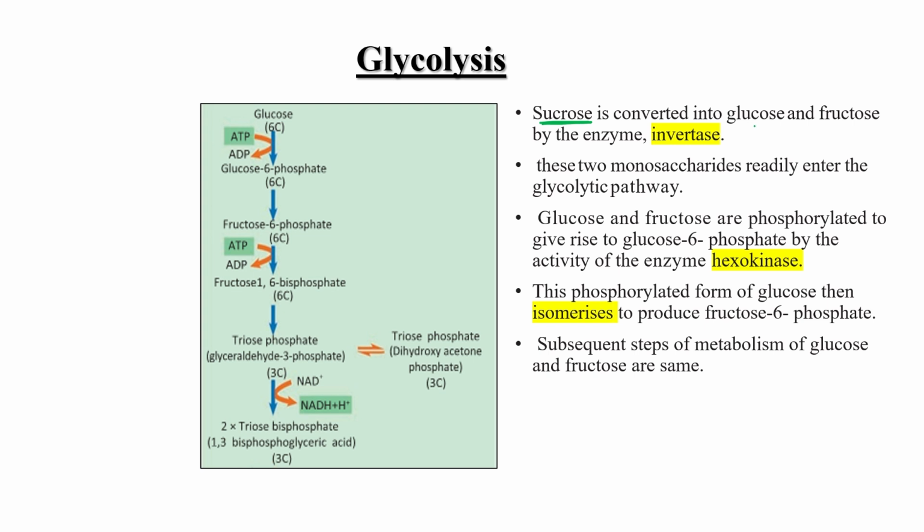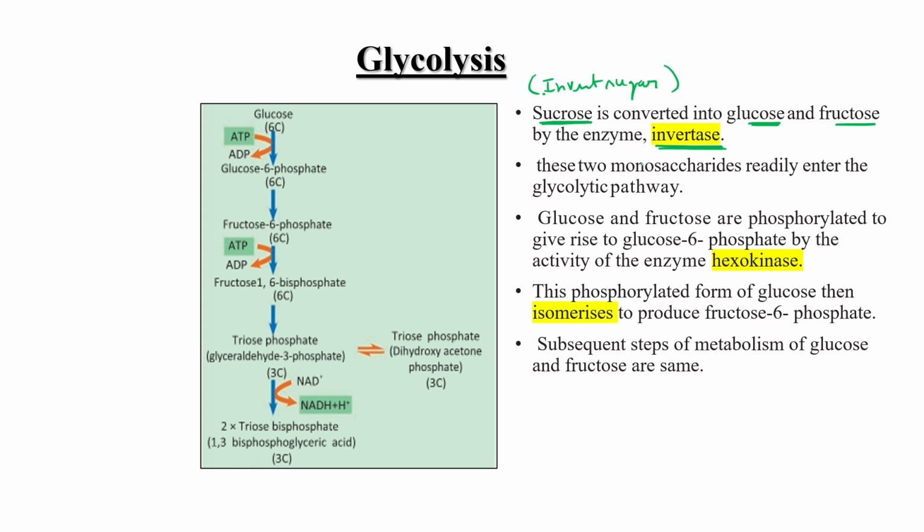Or we can say breakdown of a disaccharide, that is sucrose, into monosaccharides, that is glucose and fructose, occurs in glycolysis, right? And this is in the presence of invertase. Why? Because we use the term invert sugar for sucrose. Sucrose is also known as invert sugar.